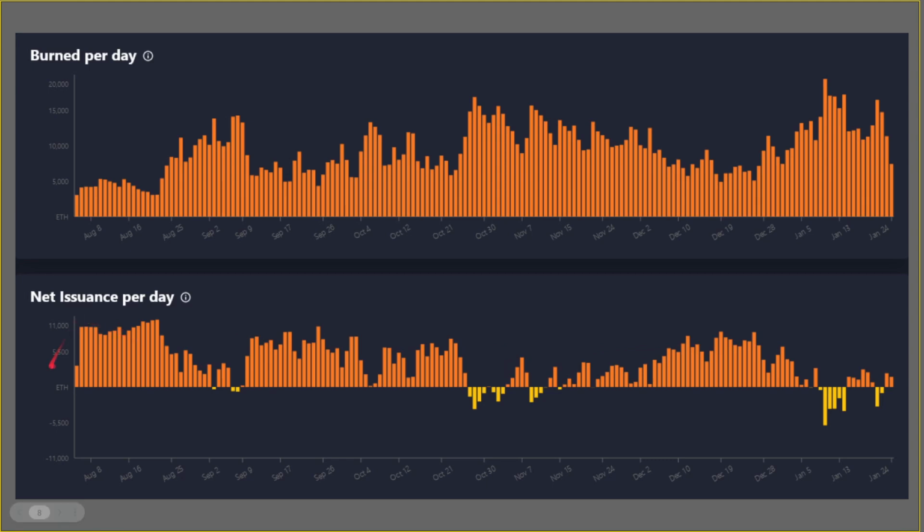But since August 2021, with this new deflationary protocol, we're starting to see days where there is a negative net issuance, which means that there is more Ethereum burned per day than there was actually added and created to the circulating supply. Particularly, we saw in September, October, there were days where we saw a negative issuance rate, and also in early January 2022, there were several days where there was a negative net issuance per day.